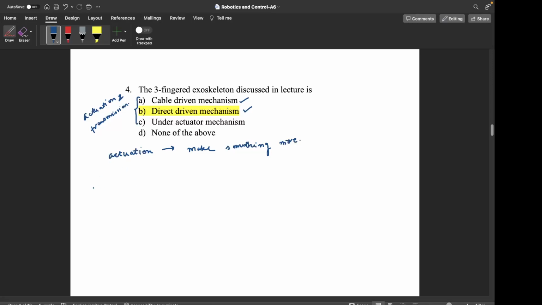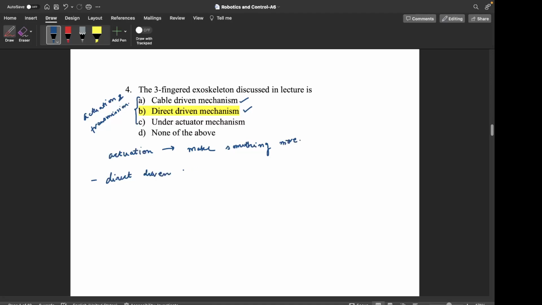And before that, there is a lot of variety in the kinds of actuations that are used, not only in exoskeletons but in general in various kinds of robots. So let's just name a few of them. It could be direct driven. So direct driven, what does it mean?